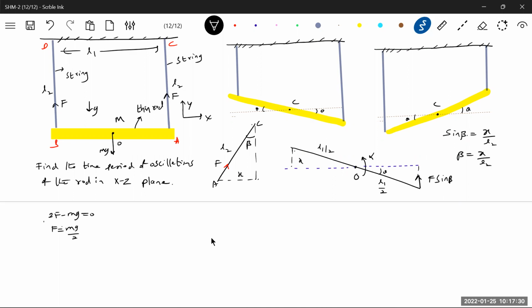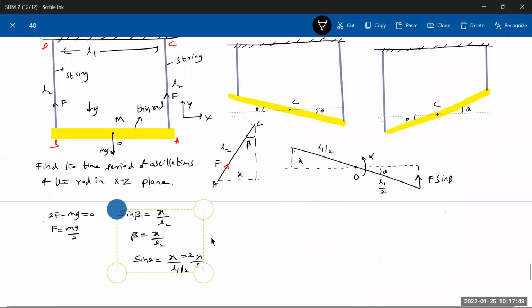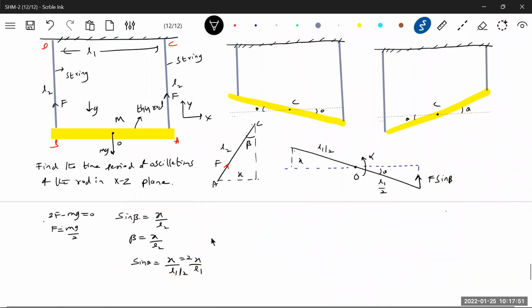Then from this triangle, sine theta equals x by L1 by 2, and theta is very small, so theta becomes 2x by L1.